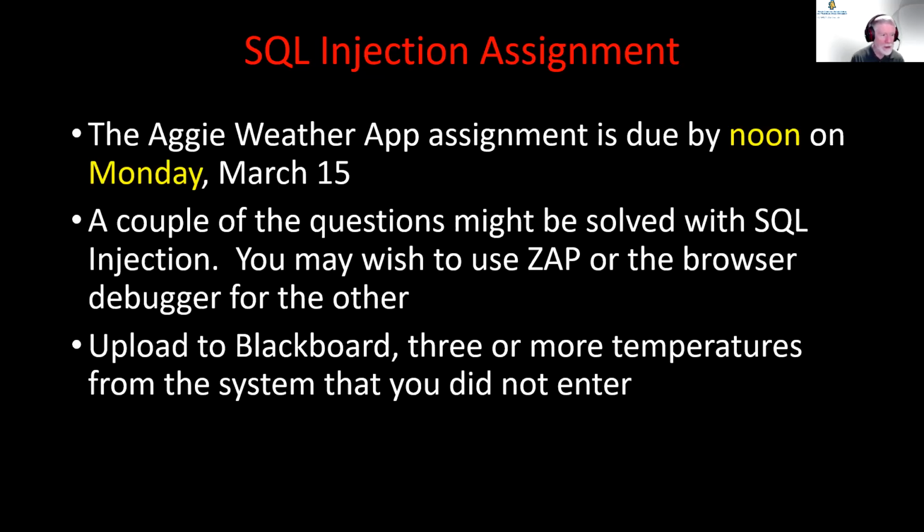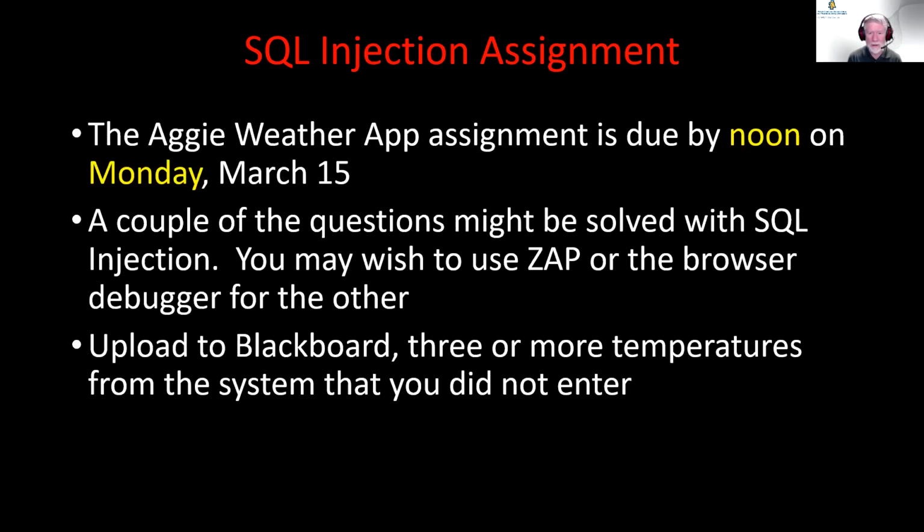Okay. So in order to do the assignment, there are 3 things you have to do. You have to log in. I gave you what your user number is, but I didn't tell you the password. I figure you can figure that out. Let's do a little SQL injection and get past that password problem. And then it's going to ask you to print out a bunch of values, and it's going to also ask you to enter some new temperatures.